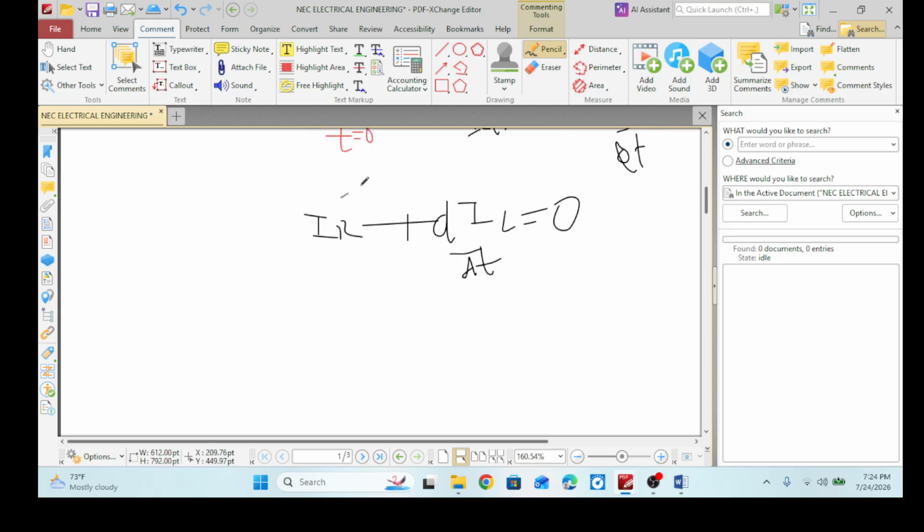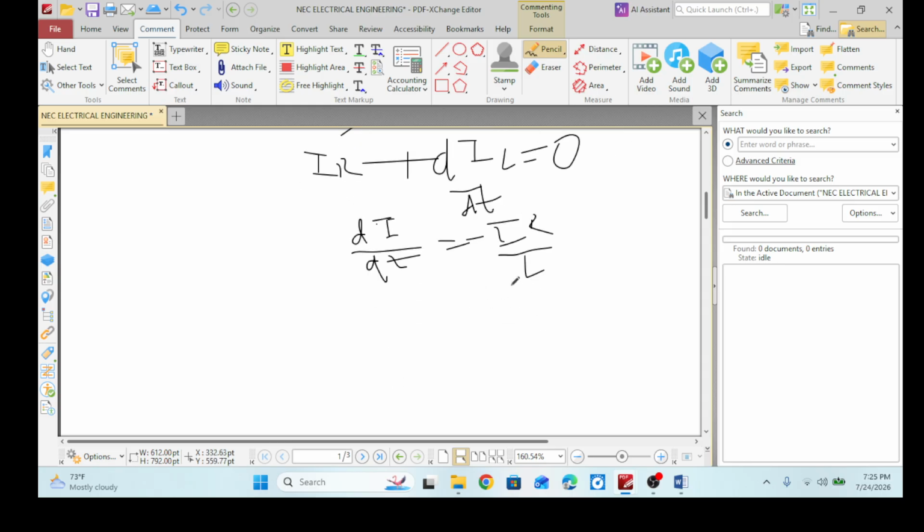Now let's move this to this side, that is, di by dt equals minus I R divided by L. Now let's move dt to this side and I to this side, that is, di by I equals minus R by L times dt.